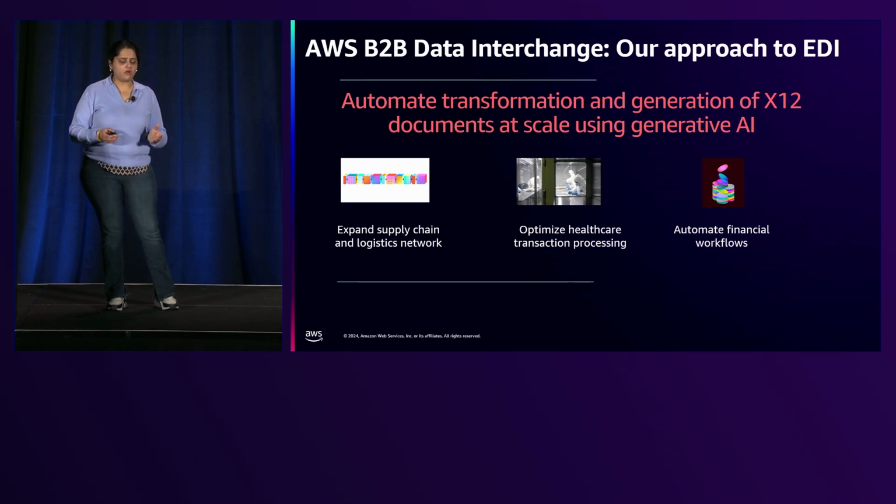There are a lot of use cases that the service has enabled. If you are in supply chain or logistics and you want to expand your trading partner network, B2B Data Interchange removes the heavy lifting of mapping and transformation.